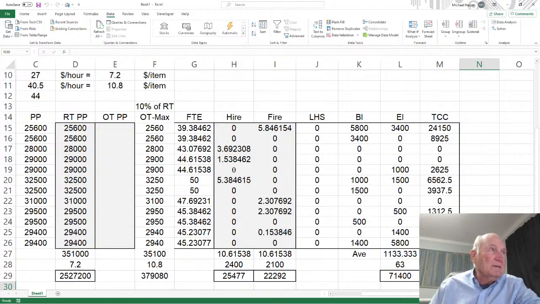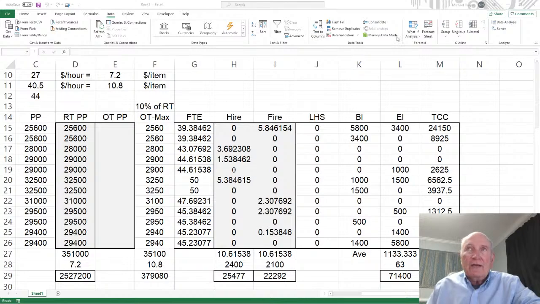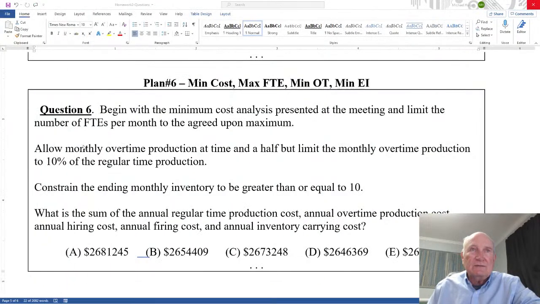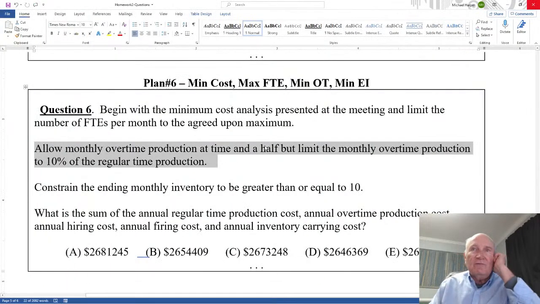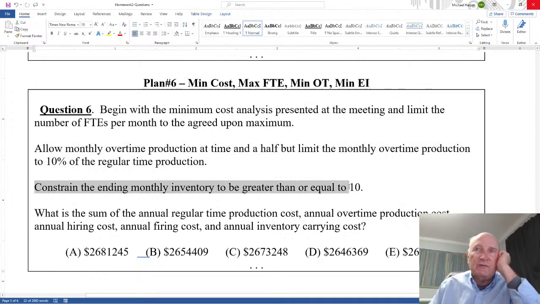Okay, let me make sure this is right. I'm pretty sure it's right. Yep, it's right. Good. Okay, now we go on to number 6. And again, we have 10% of regular time. Constrain the ending monthly inventory to be greater than or equal to 10.